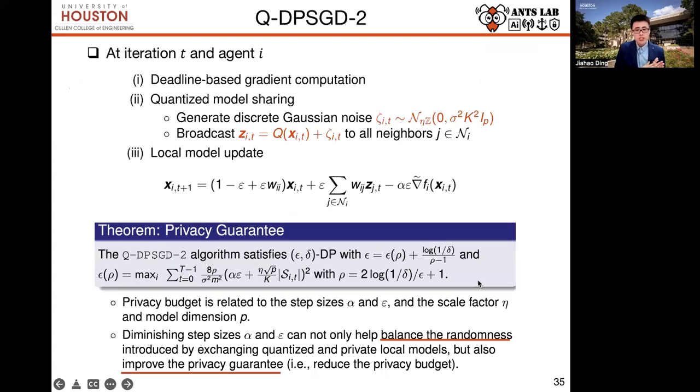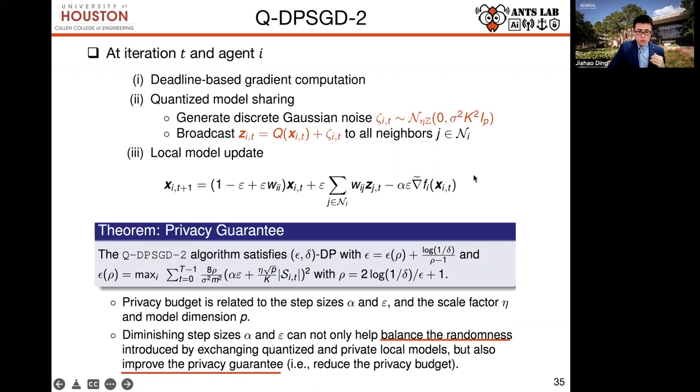In particular, at each iteration t, each agent performs the local gradient computation and then updates the local model using the shared differentially private context model from neighbors. Here, the discrete noise is drawn from the discrete noise distribution, and the context model plus the discrete noise is sent to its neighbors.